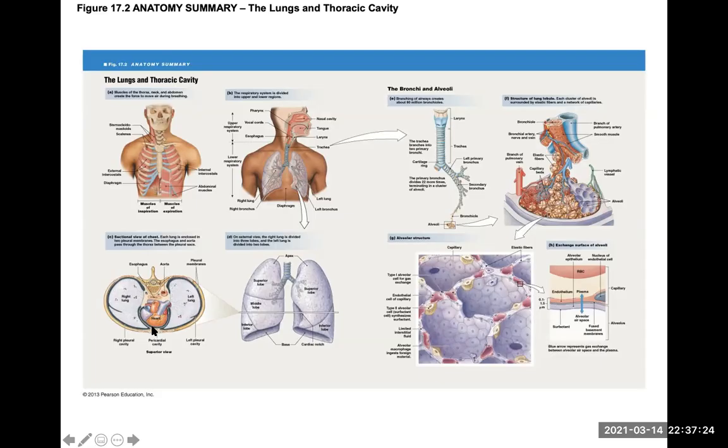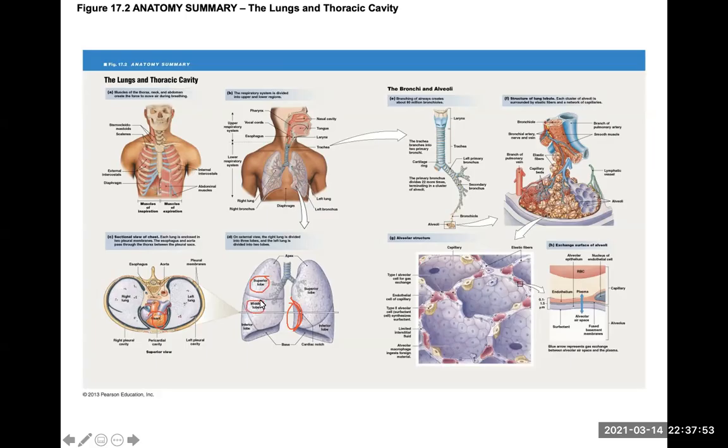Here is a sectional view of your chest. So basically you have the left and the right lung here with the heart here. This is posterior, this is anterior. And then here you have the different lungs. I don't know if you realize this just yet, anatomically speaking, but your lungs are not the same in size. If you see this notch right there, that notch is really important because what sits there is your heart. So your right lung is bigger than your left lung, and because of that, it has 3 lobes.